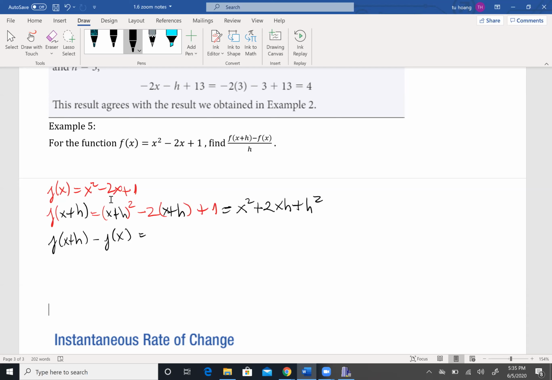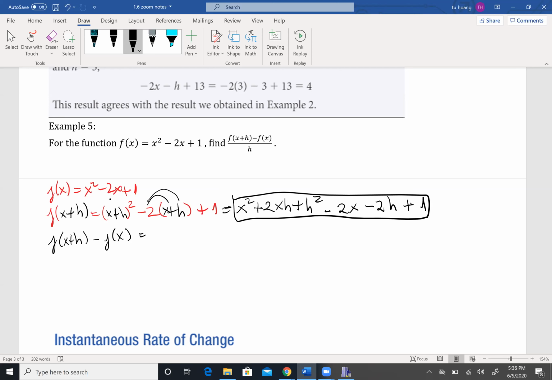Or if you forget it, you can just multiply the two factors (x + h) and (x + h), and you're going to have the same thing. And then minus 2 times (x + h) by distribution gives negative 2x minus 2h, plus 1. Can you simplify that? I don't think so.